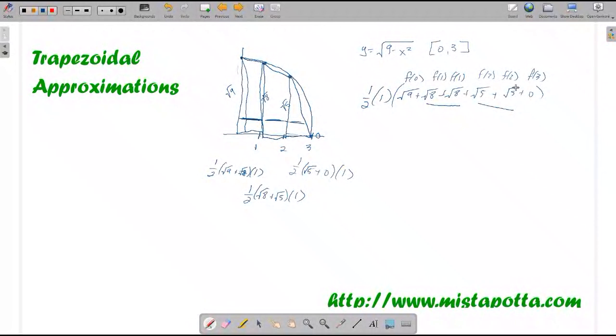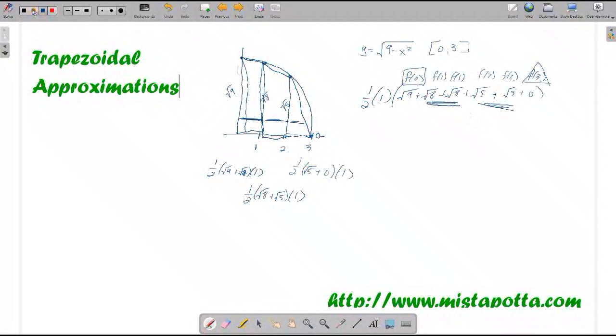But each of my functions evaluated at the boundary points are repeated, with the exception of my left endpoint and my right endpoint. These are only singletons, whereas every other term in this trapezoidal sum is repeated. So that's one thing I wanted to bring to your attention.